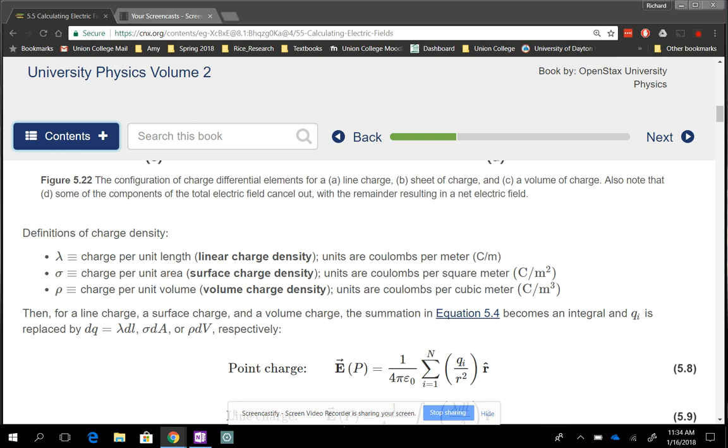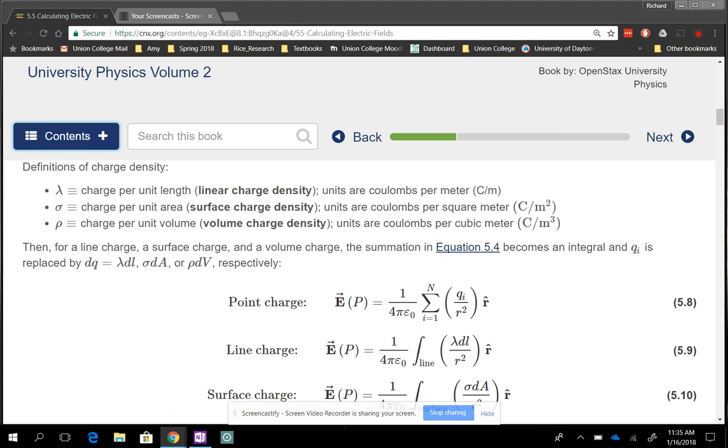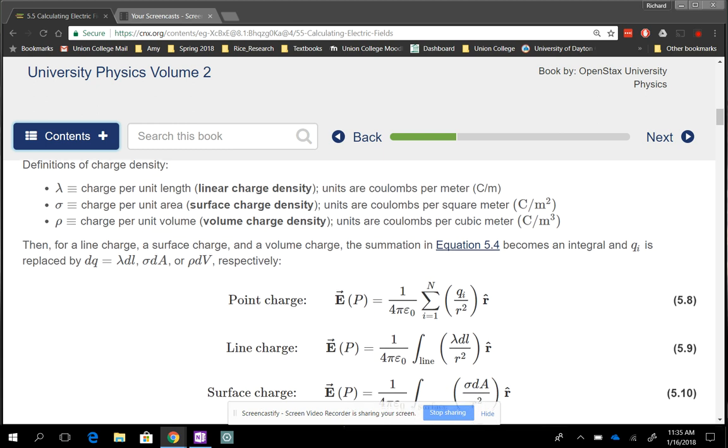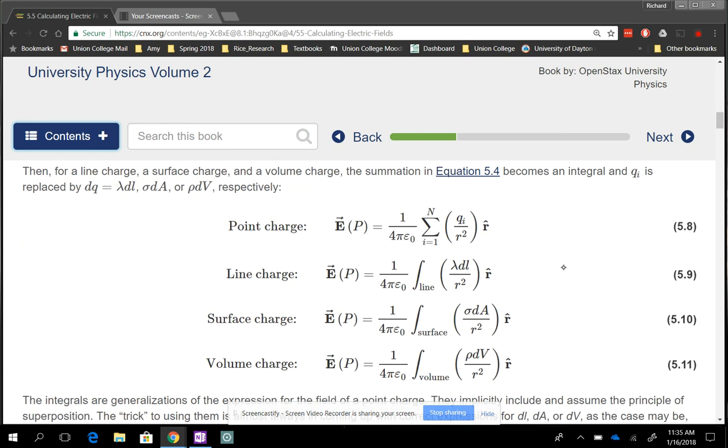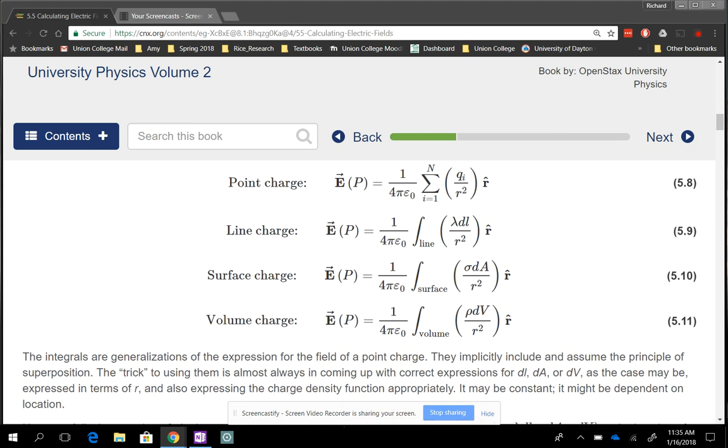It says that if it's a linear charge density, a surface charge density, or a volumetric charge density, then you have these different symbols for the charge density. And this is how you calculate the electric field.